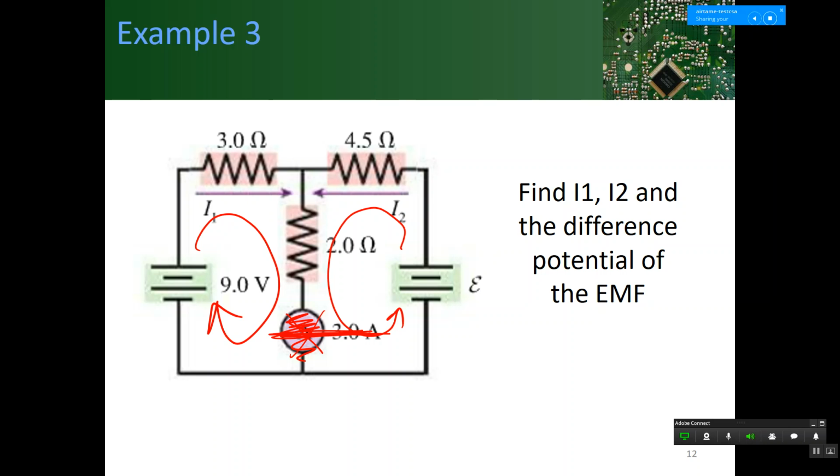Okay, and I'll give you guys this source here. It's going to be 6 volts. So we're just finding I1 and I2, and we're not going to look for this difference in potential across the unit.